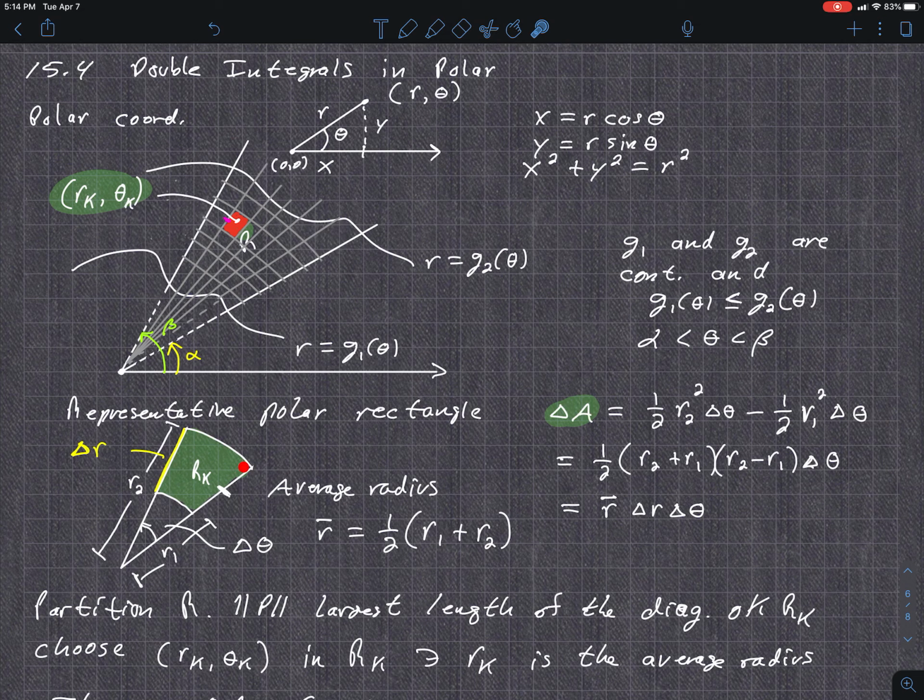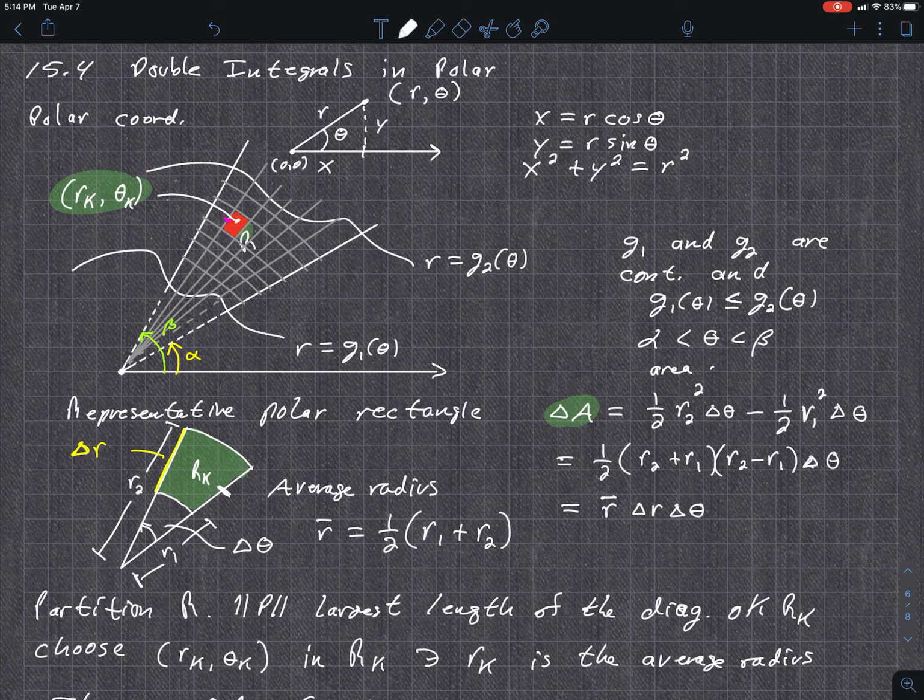Then what we're going to look at is the area of each one of these polar rectangles. The area is basically this entire sector minus this sector. That's what gives you the area of r sub k, delta A. So look at one half r squared delta theta. That's the area of this entire thing.